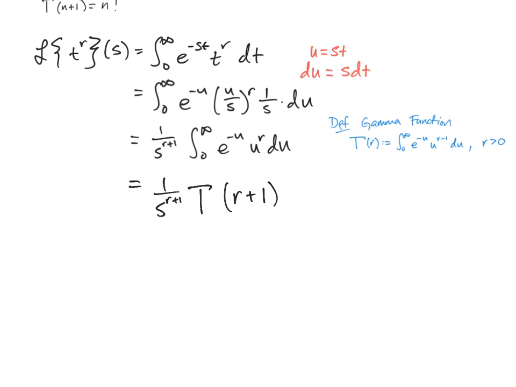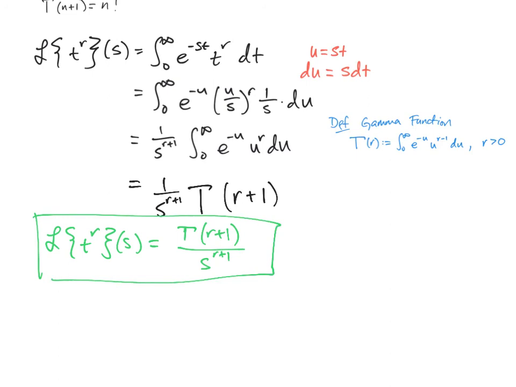So putting this all together, we've got a nice property for the Laplace transform. The Laplace transform of t to the r is equal to gamma of r plus 1 over s to the r plus 1.